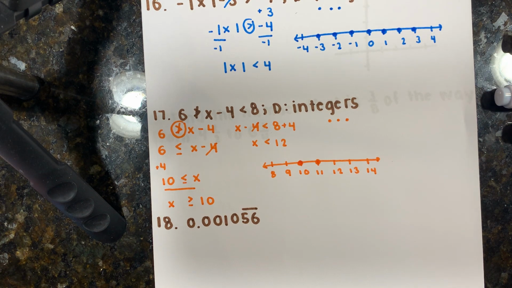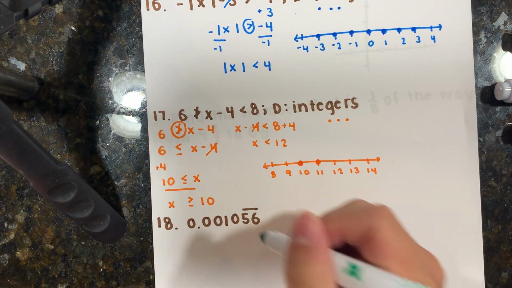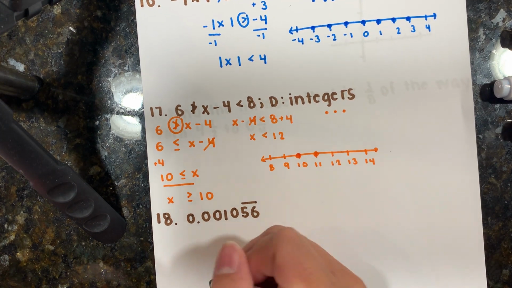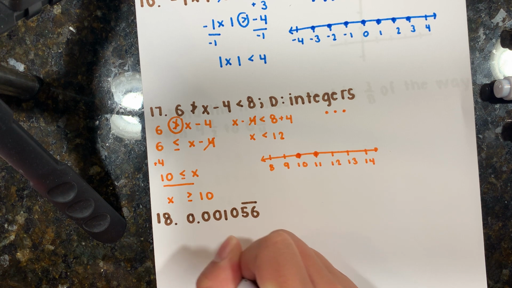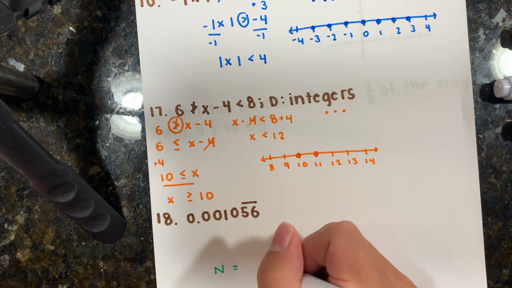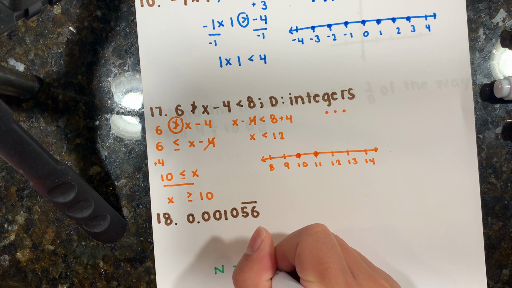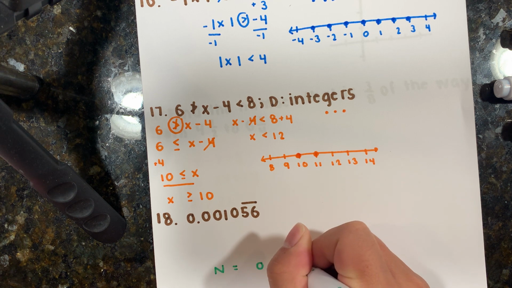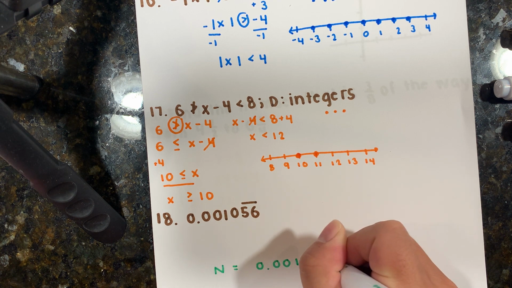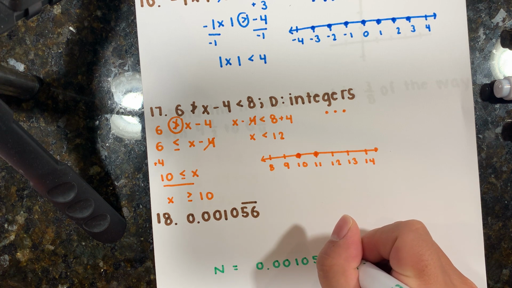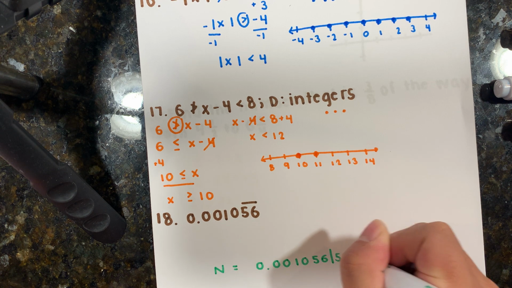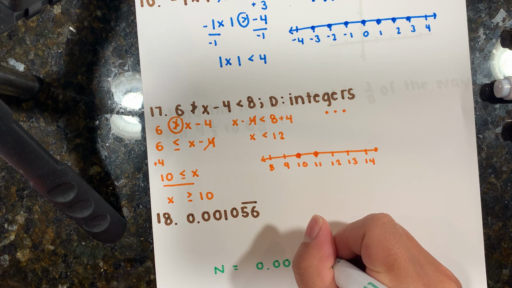Now on to number 18. So this is going to be my first number. It's repeating decimal 2 times, so n is going to be equal to 0.001056, and so on.